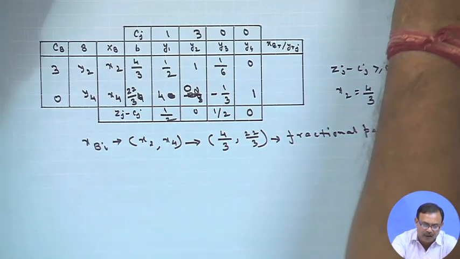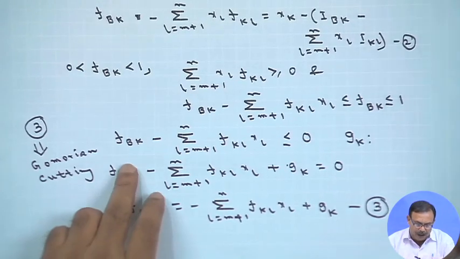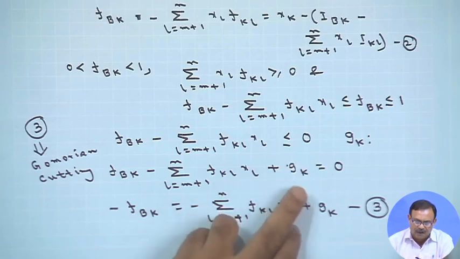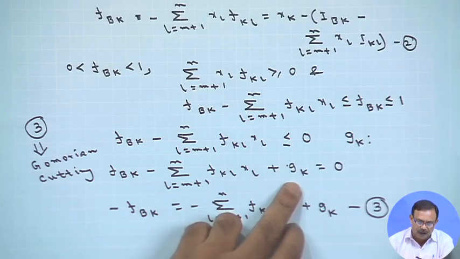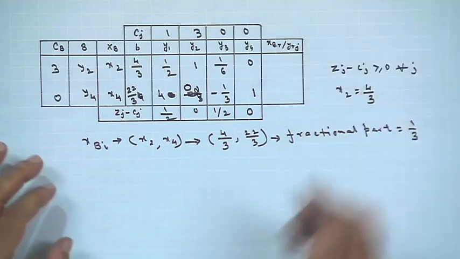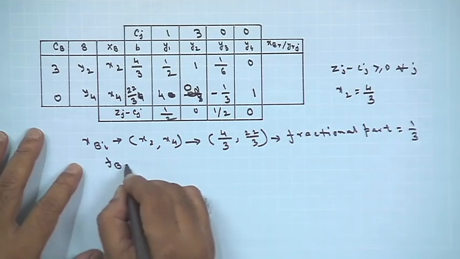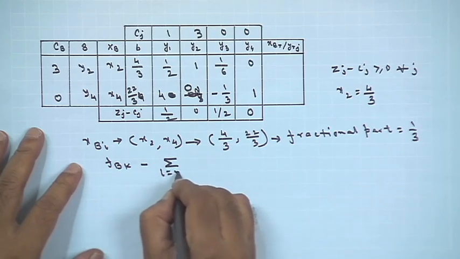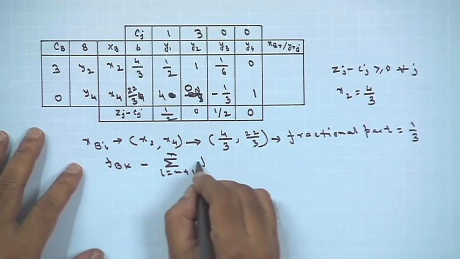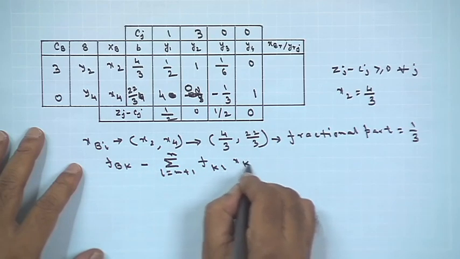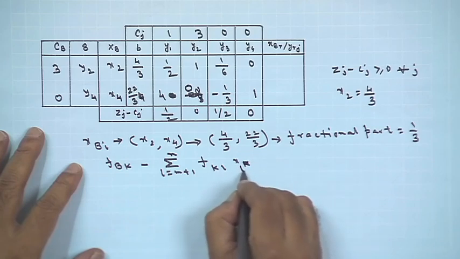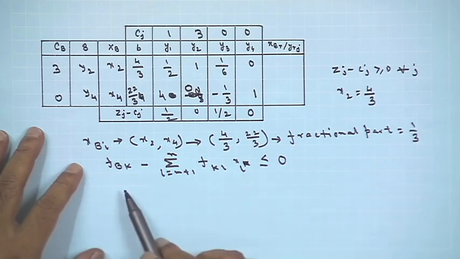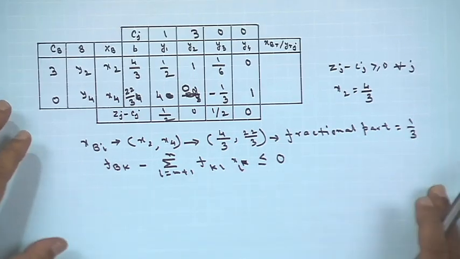Now, you have formulated this equation, and it should be less than or equal to 0 to make it integer type. After that, we introduce the Gomorian slack variable. So, I am writing that equation itself: f of bk minus the summation over l equals m plus 1 to n of f of kl xl is less than or equal to 0, where f bk is the fractional part of the xbk.